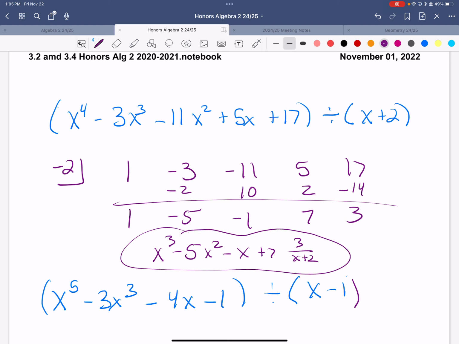Did I write it right this time? Yes. And again, you've got to be careful. The math, you've got to watch your math. Slow down sometimes.